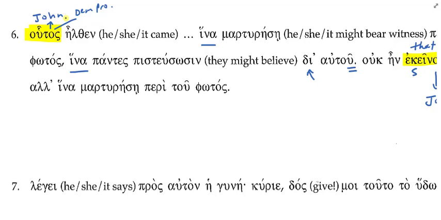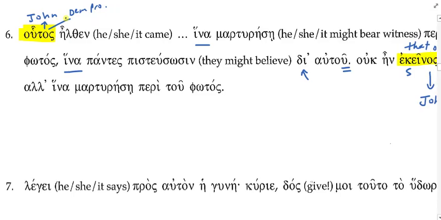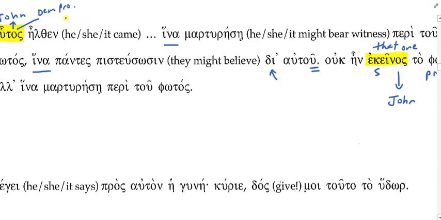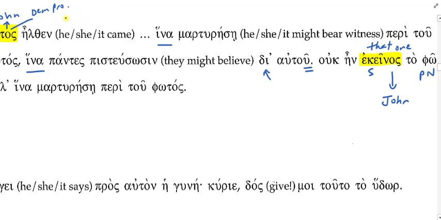Well, he's both here, right? Why might John, the gospel writer, have chosen to refer to John the Baptist as akenos over here? That's right.